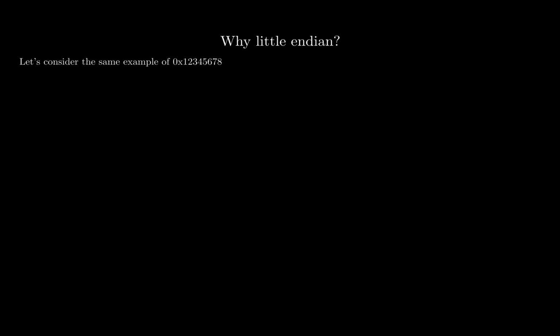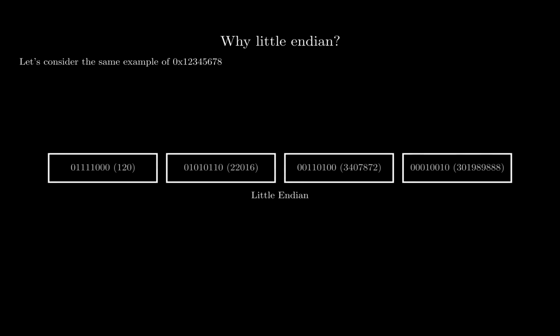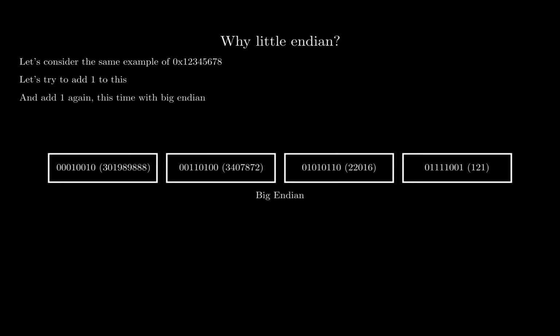Let's consider the same example. So we have 4 bytes, the little end is here, and then the big end is all the way over here, right? Now let's try to add 1 to this. So you have a memory address, which is the first byte, and you're already there. So you just take it, add 1, and put it back. But say it was big endian. What happens now if you try to add 1?